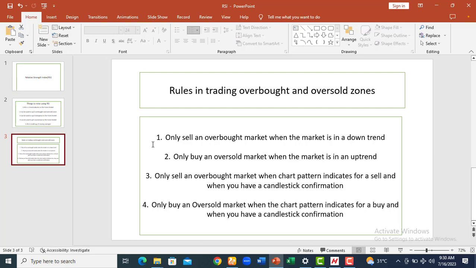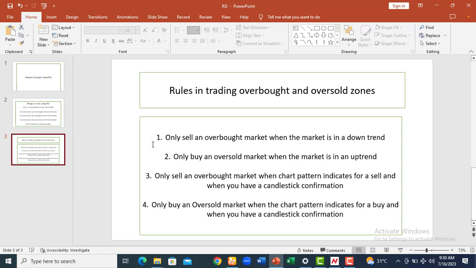So, the rules in trading overbought and oversold zones: only sell an overbought market when the market is in a downtrend. Only buy an oversold market when the market is in an uptrend. Only sell an overbought market when the chart pattern indicates a sell and when you have a candlestick confirmation.